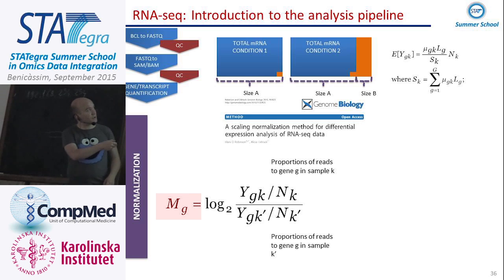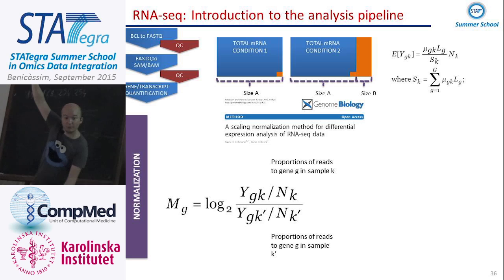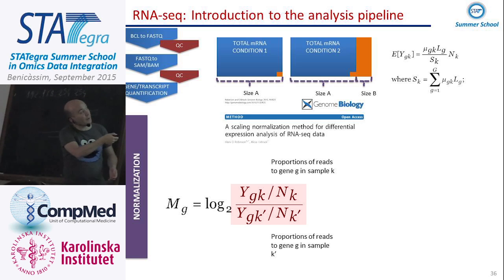we can take this measure, we can rank the genes based on this measure, and say the ones that are probably moving are the ones on the top and the ones on the bottom, but not the ones in the middle. So I'm going to compare them by computing the average of this M value for all the genes that are in the middle, because those are the ones I'm expecting not to be moving.